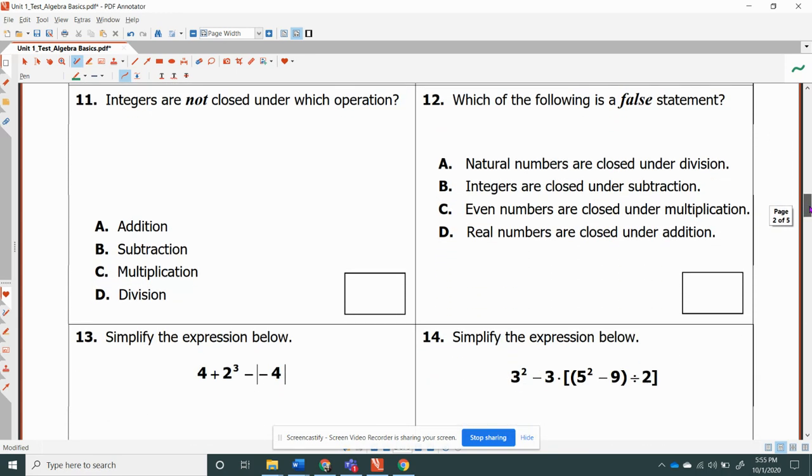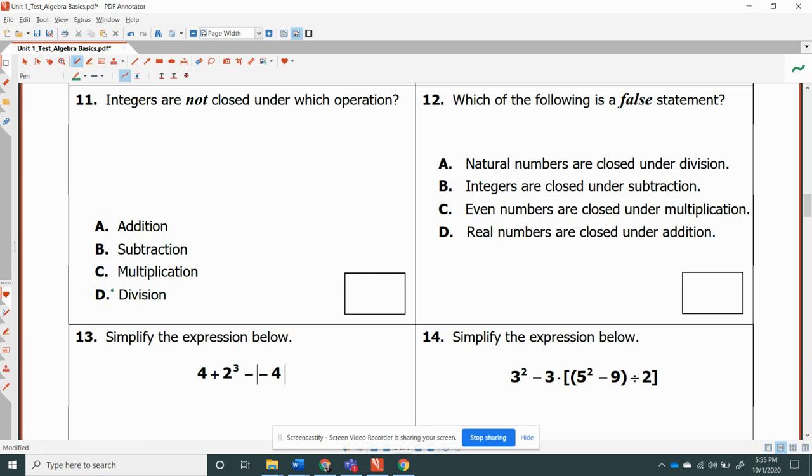I saw some of you put subtraction. So integers are not closed under which operation? In other words, an integer added to an integer, will that always give an integer? An integer subtracted from an integer, will that always give an integer? An integer times an integer, will that always give an integer? Yes, all those 3 cases are a yes.